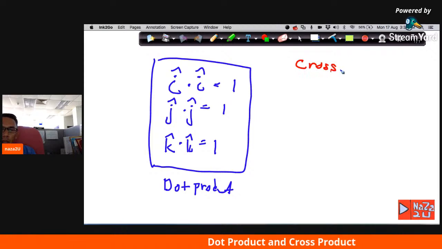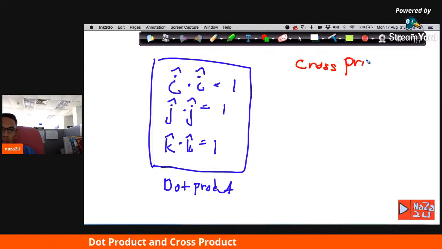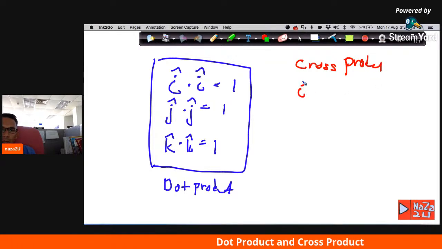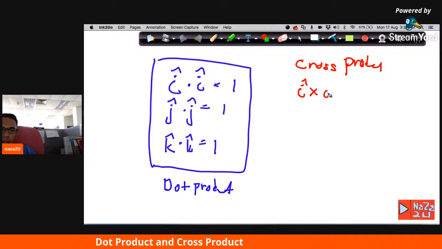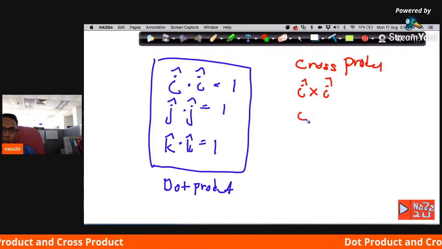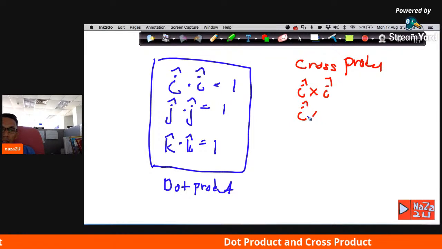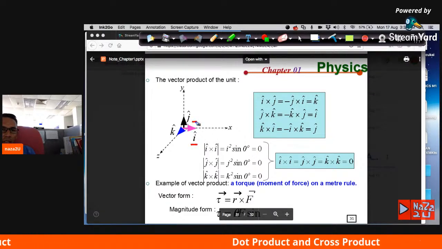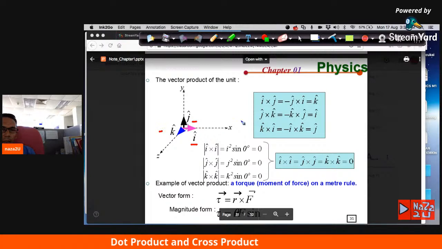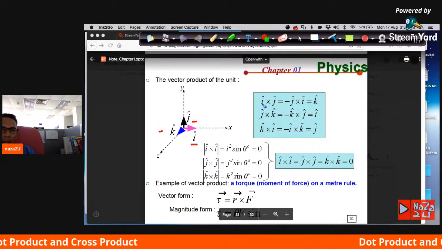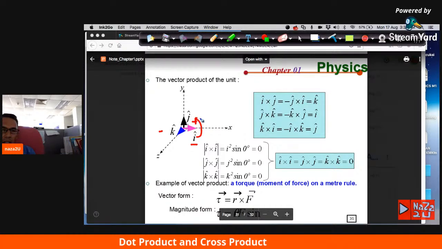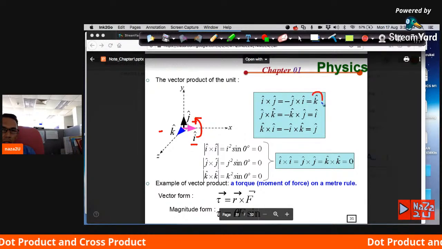So what happens to the unit vectors for the cross product? Vector I cross vector I, okay, I think we can look at the equation here. So this is vector I, vector J, and vector K. Here, I cross J is equal to K.